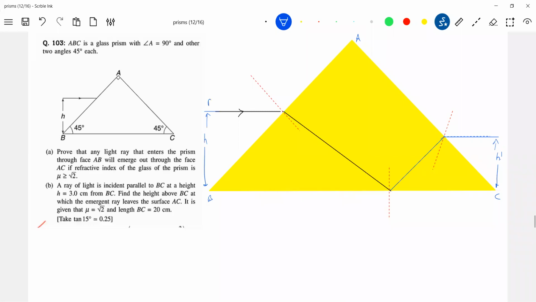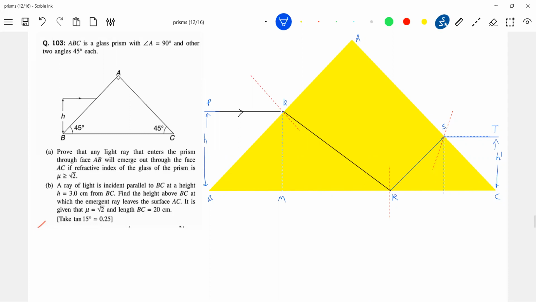Okay, this is A, P, Q. I need all this. So this is QR. Let the emergent ray be T. That H dash has to be determined.